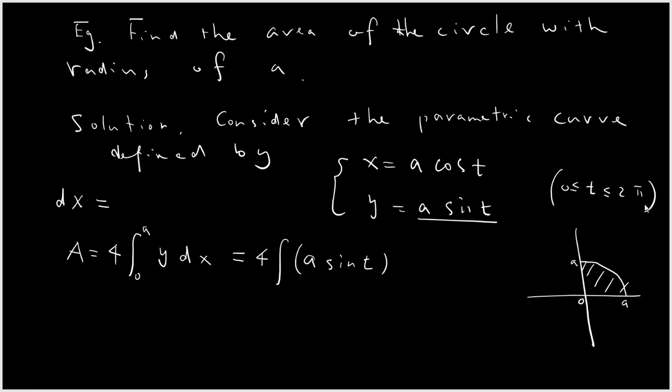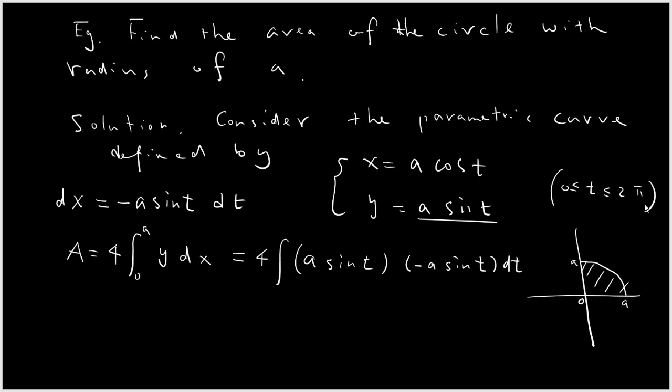So dx is the derivative of a cos of t, which is negative a sine of t, right? So do not forget dt. That's dx: negative a sine of t, then dt.